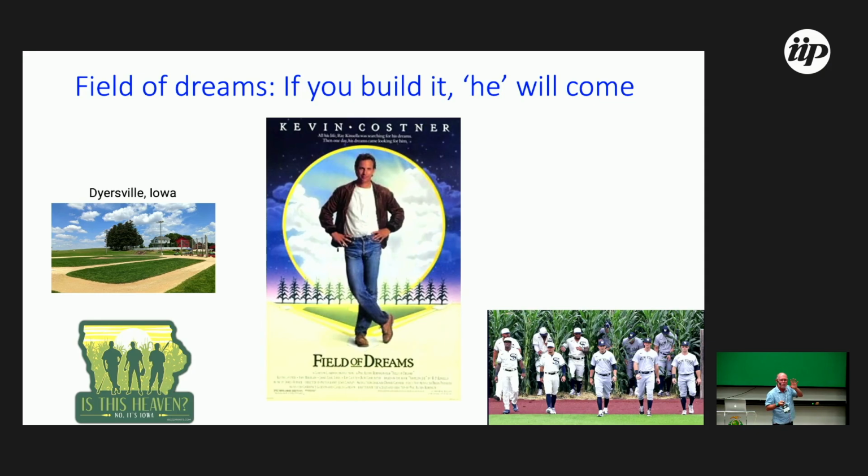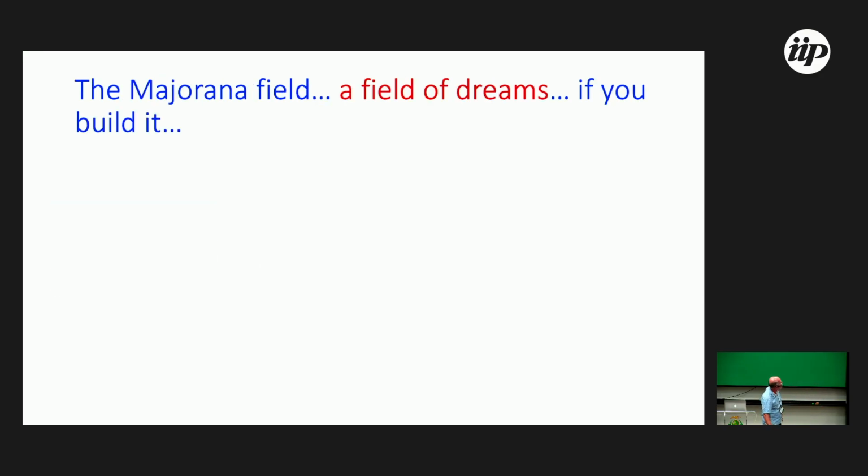Maybe the older ones will remember that they had to build a field so that this ghost would show up to solve some issues in the past. Do you remember this? Of course, it's Kevin Costner there. And of course, I made a pun when I was in Iowa. They might run a field.